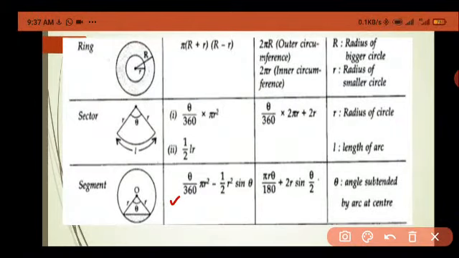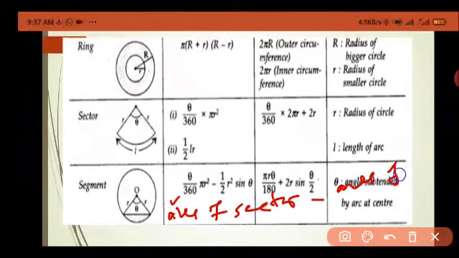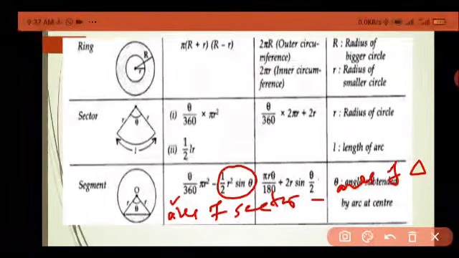So easily we can write area of sector minus area of triangle, and this formula is the area of an isosceles triangle. For any isosceles triangle we can use this formula, half r square sin theta.